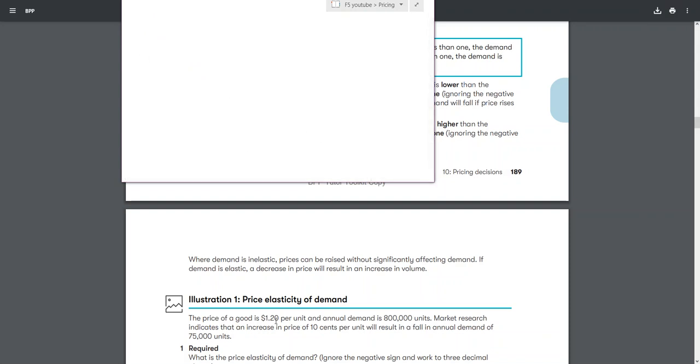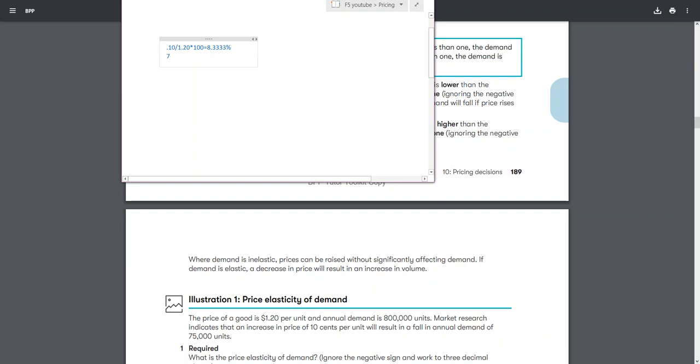The price of a good is 1.20 per unit and annual demand is 800,000 units. This is our current price and demand. Market research indicates that an increase in price of 10 cents per unit will result in a fall in annual demand of 75,000. So if we look at the change in price, it is 10 cents, and if we divide that by the current price, that becomes about 8%.